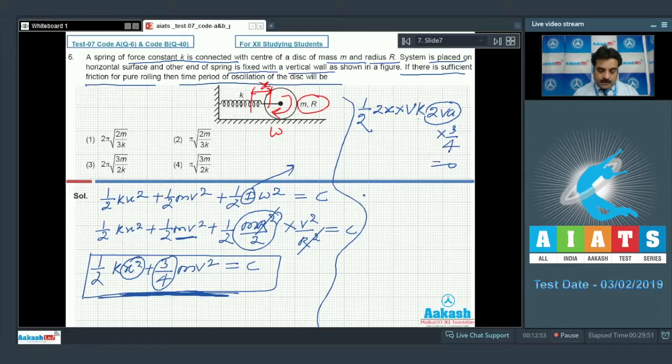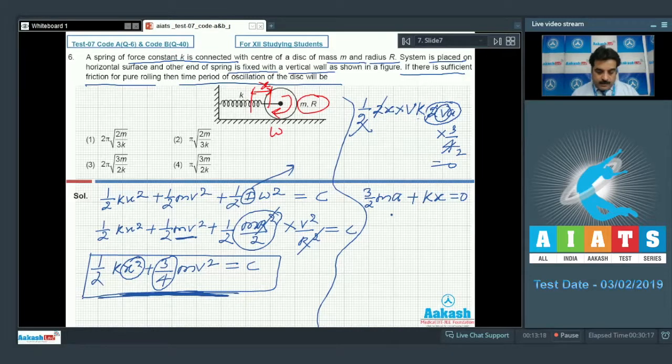So the final expression you will get is 3 by 2 ma from this side, because 2 into 3 by 4 is 3 by 2, and the 2 will cancel out, so you have only kx, and v we take common and it goes to the 0 side, so 3 by 2 ma plus kx is equal to 0.